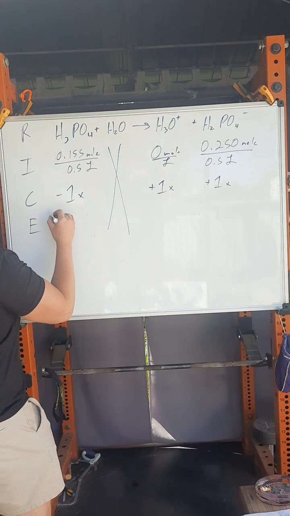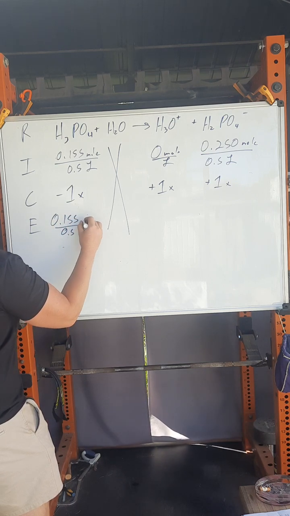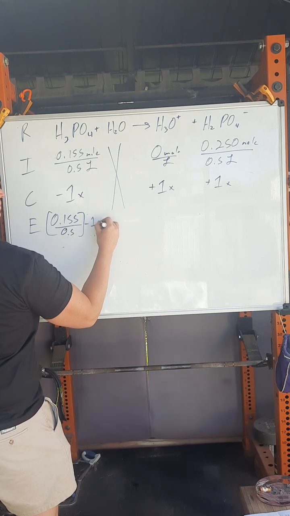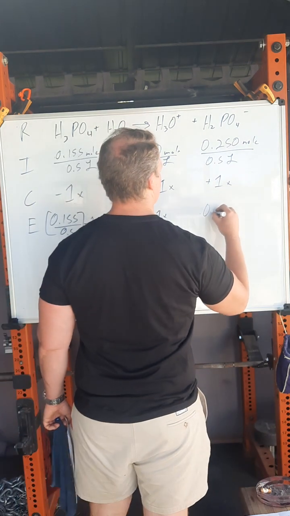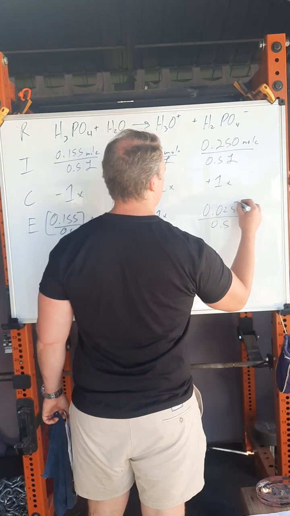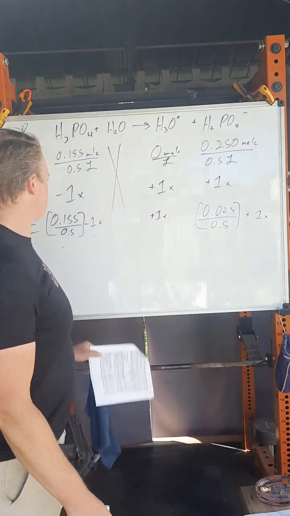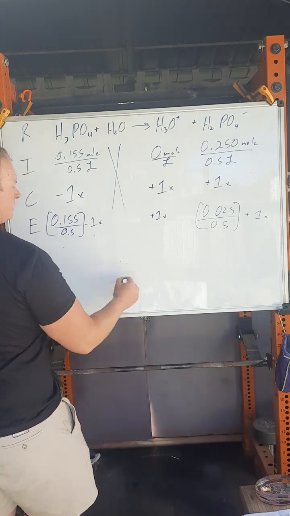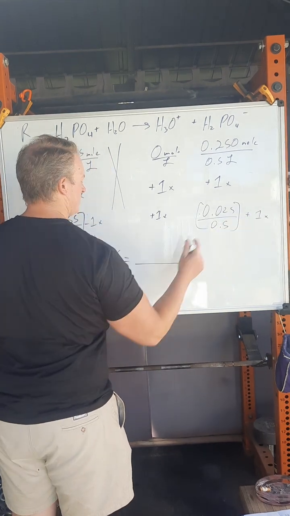When we plug these into our equilibrium line, this will give us our equilibrium values for our capital K expression. Note that when we plug these into our capital K expression, we put the products on top.